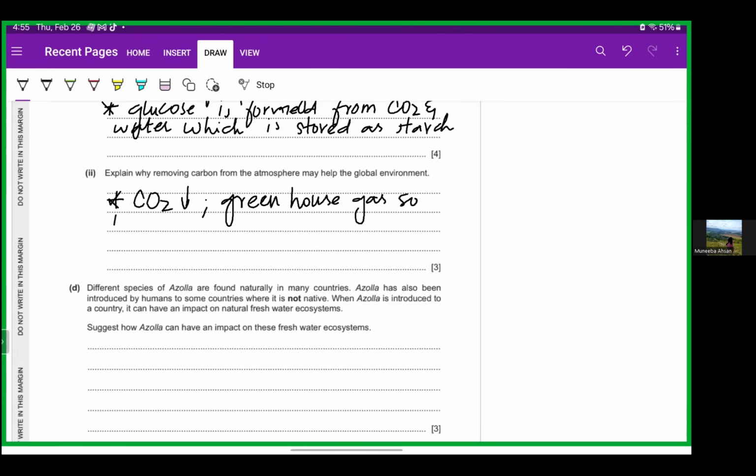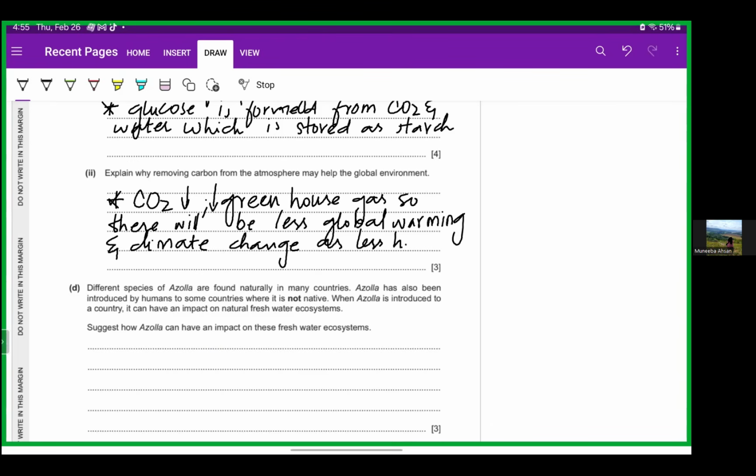So there will be less global warming and climate change, as less heat energy will be trapped, because you know that carbon dioxide has the capacity to trap heat.